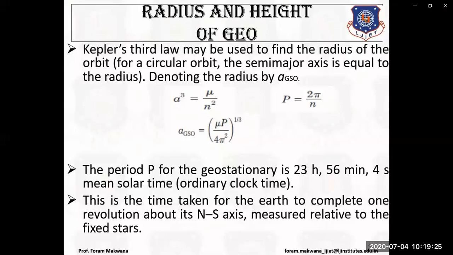So, the period is equal to 23 hours, 56 minutes and 4 seconds.